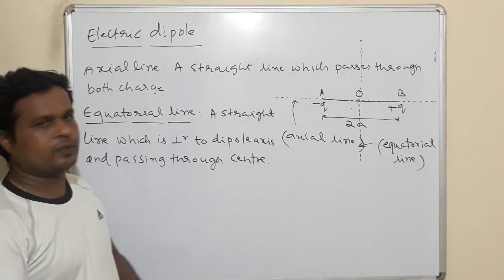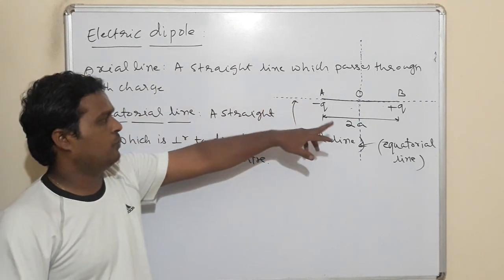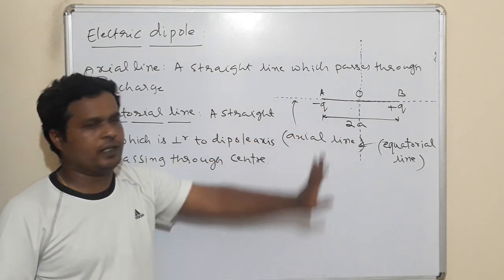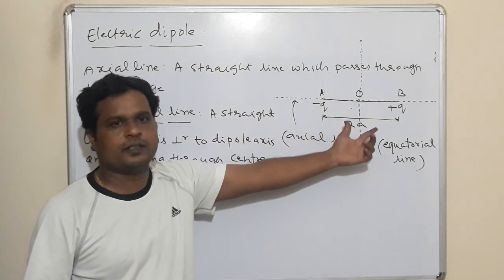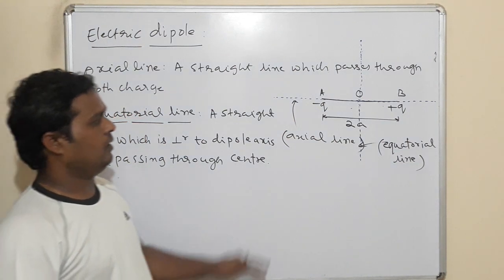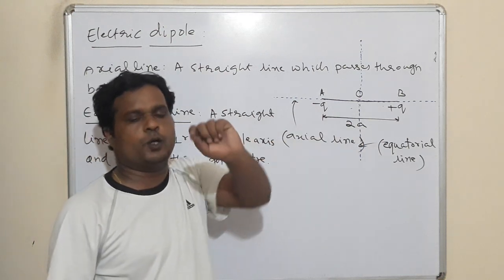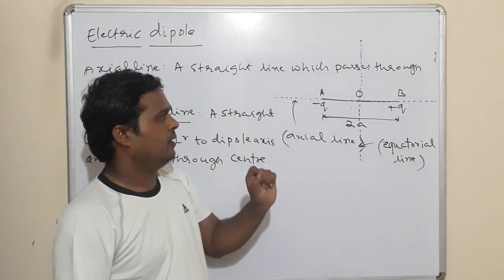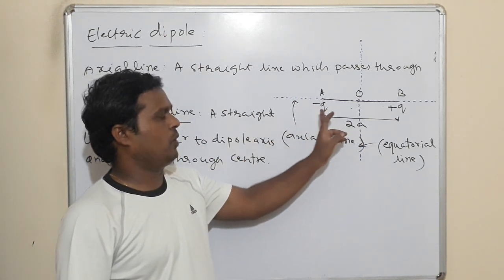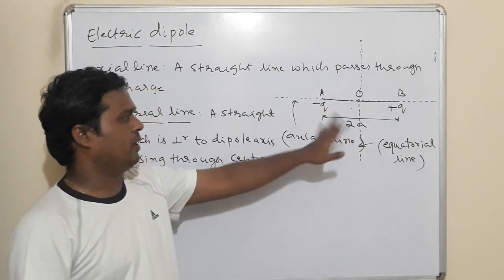See, these are the things you have to remember about dipole. What is dipole? It's a system of two equal and opposite charges separated by small distance. That distance is called as dipole length. Then what is dipole moment? Dipole moment is generally denoted by letter P, which is nothing but the product of one of the charge multiplied by this distance. You know what is the unit.